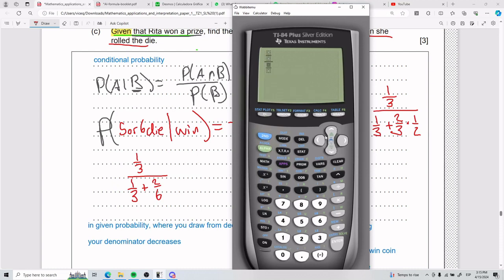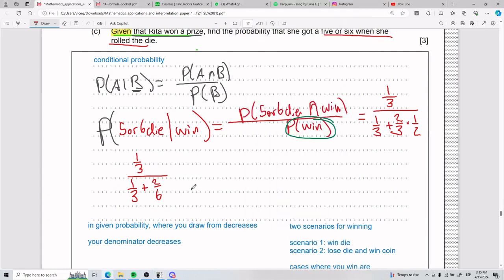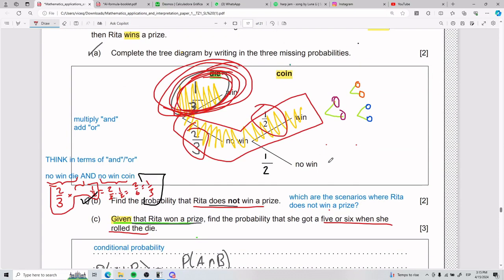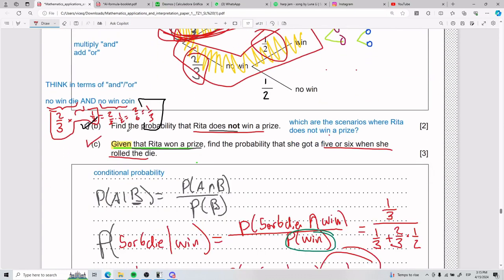So up top, we're going to have the 1 and the 3. On the bottom, we're going to have the 1 and the 3 plus another fraction, the 2 and the 6. So all of this is going to give you 1/2. So the probability of 5 or 6 on die, given that you're winning, is 1/2. All right. So that is for part C.